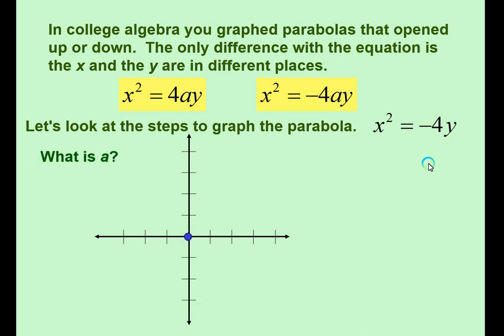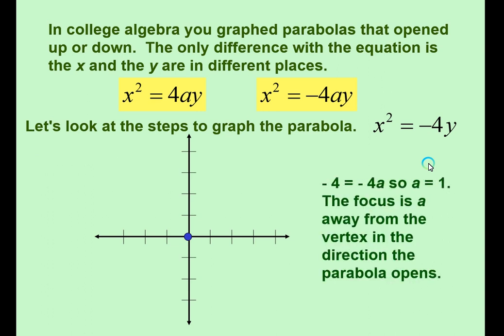So what is the value of a in our equation x squared is equal to -4y? Based on the equation, negative 4 is equal to negative 4a. So a is equal to 1.